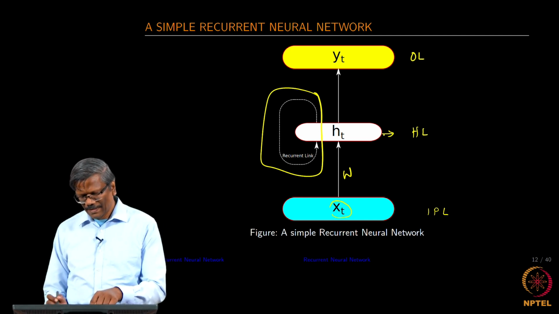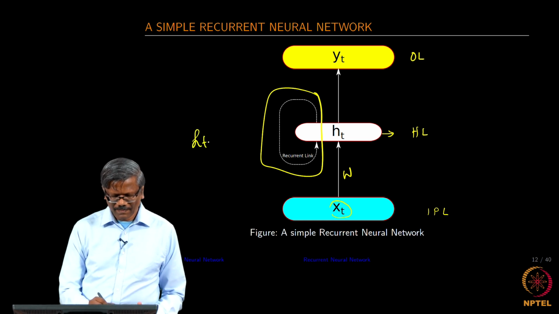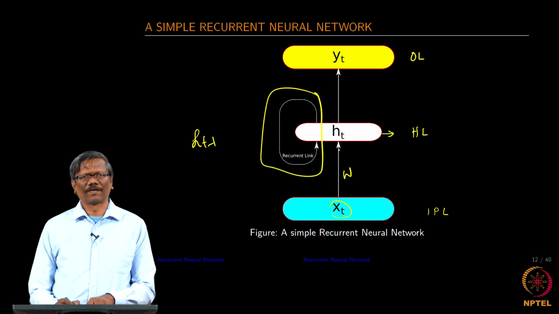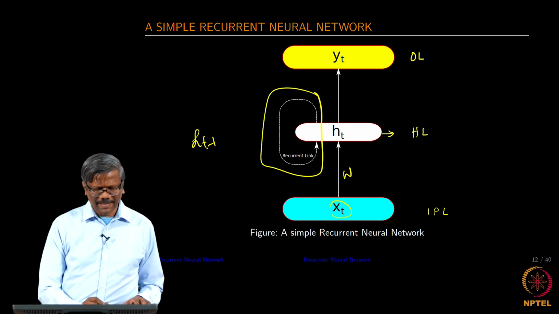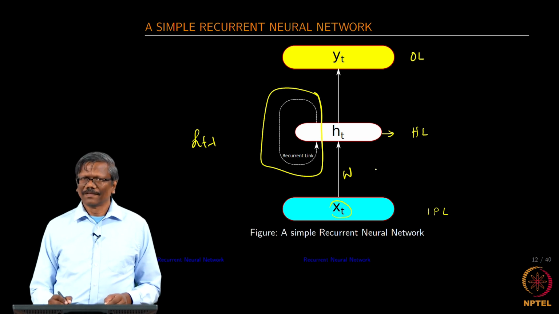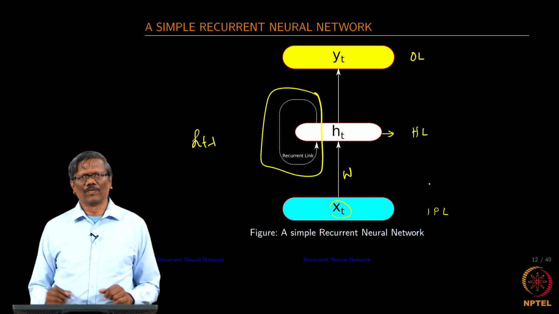So, we capture that in the previous state and then include this as part of the new state. That means we are incorporating whatever we have learnt earlier in the embedding layer as part of the current state. We will see how this could be done.